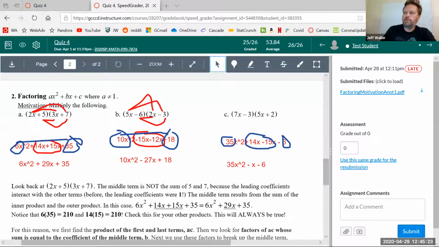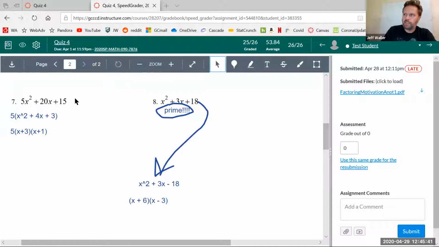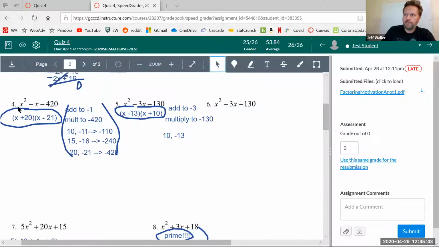But look at what's happening here. Are there factors of 18 that add to be 27? Just look at this one right here. Let me remind you, the way we did it when there was a 1 in front, we found factors of this number that added to be the middle number, correct?